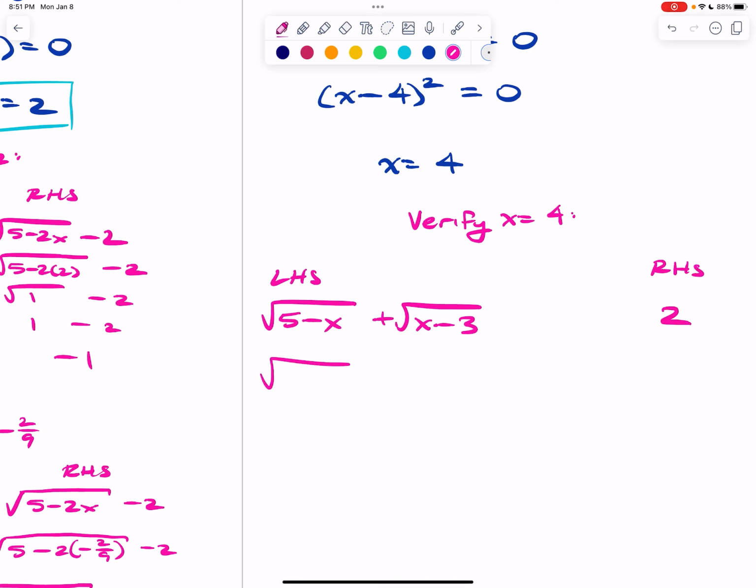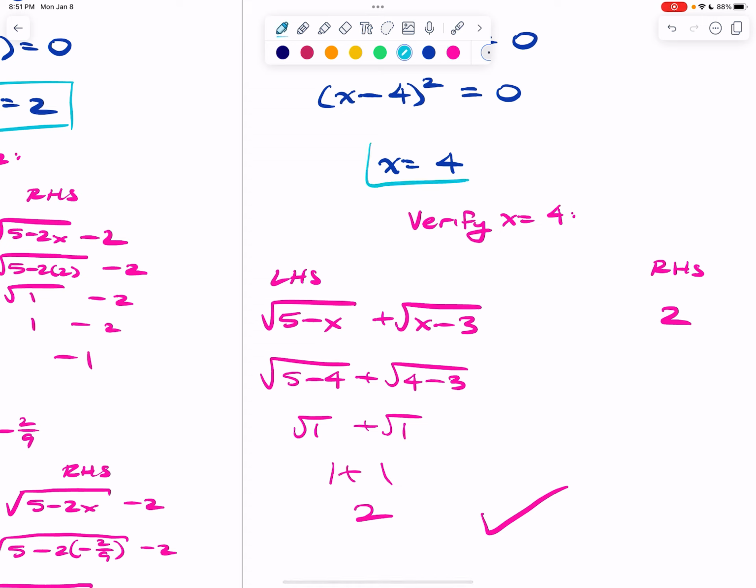And when x is 4, this is what we've got. This is root 1 plus root 1, which is 1 plus 1, which is 2. Super duper pooper scooper. This solution works. It is not extraneous. So this was just a 3-marker question.